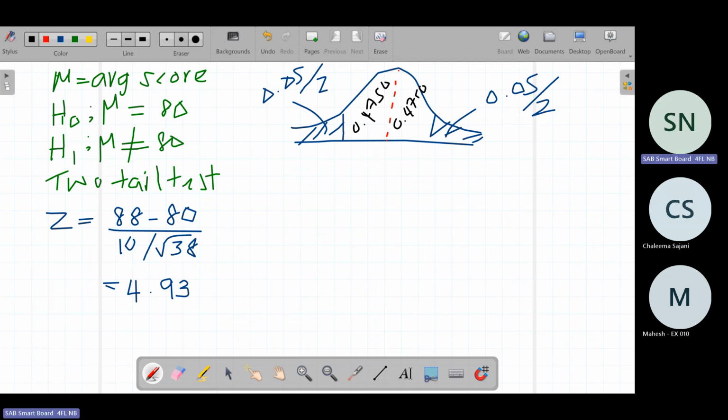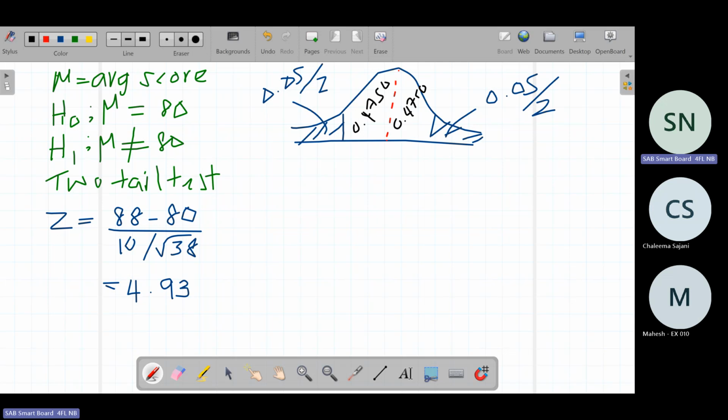population mean එක දාන්න කිව්වේ hypothesis mu නේ. 88 කියන්නේ sample mean එක. Sample mean එකයි mu කියන්නේ population mean එක.